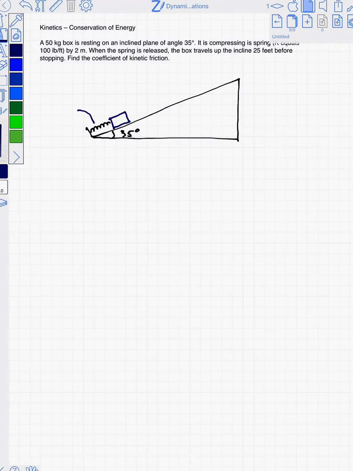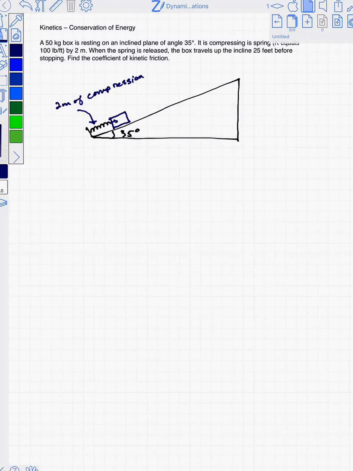And this spring is compressed 2 meters from its natural state. So if I took the box away, the spring would extend out another 2 meters up the incline.